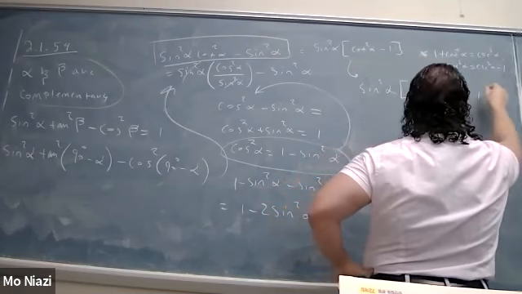What is cosecant squared alpha? So this is what you get. But still, if I distribute the sine squared alpha, then I get 1 minus 2 sine squared alpha. It's supposed to equal 1.